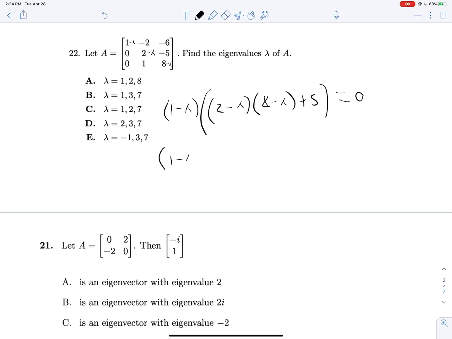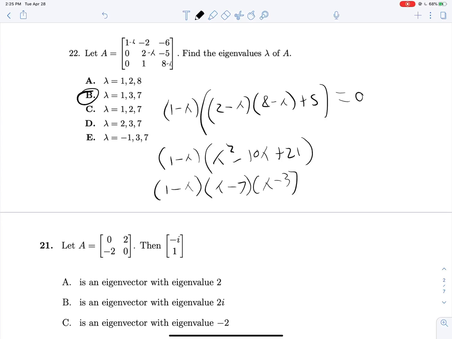This is 1 minus lambda multiplied by lambda squared minus 10 lambda plus 16 plus 5, which is plus 21. So 1 minus lambda multiplied by lambda minus 7, lambda minus 3. So our eigenvalues are 1, 3, and 7.